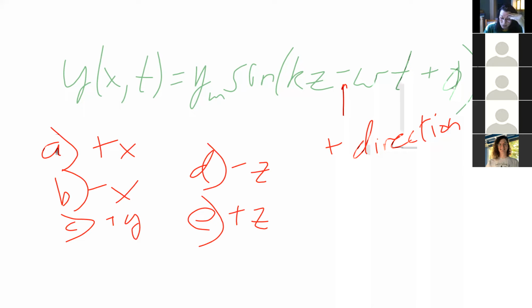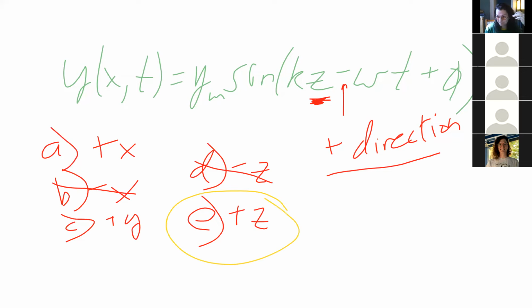And the only way that we can tell which direction x, y, or z that this thing is moving is by looking at this variable right here. So I know that it's positive, which means that I can rule out my negative answer choices. But then since my kx is now a kz, that tells me that I'm actually moving in the z direction. So that's just one note that I want to make as far as dealing with the directions.